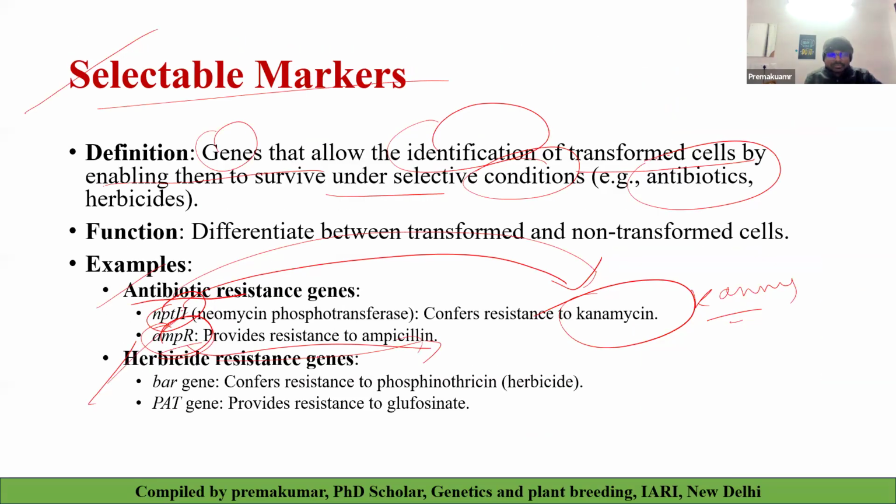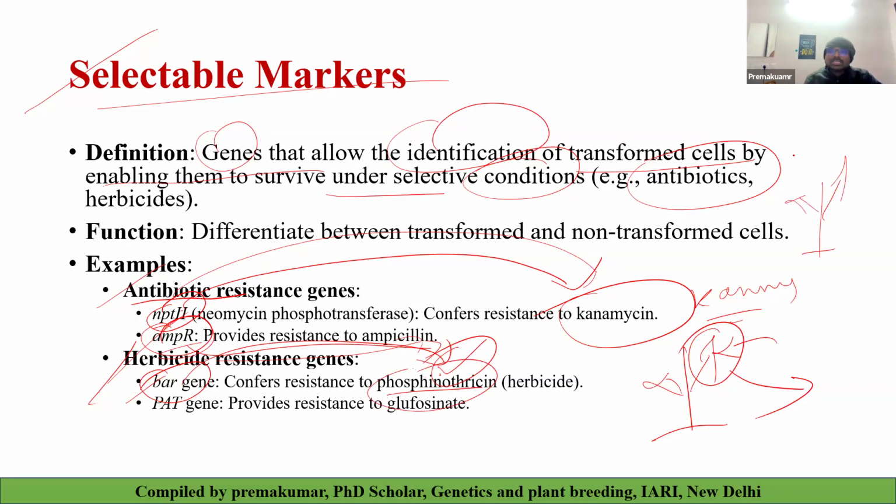Then herbicides. For example, you have the bar gene. If there is a bar gene and you spray herbicide, the plant will not die. For example, phosphinothricin. If this gene gives resistance to phosphinothricin, the plants or cells having the bar gene are very resistant to phosphinothricin.